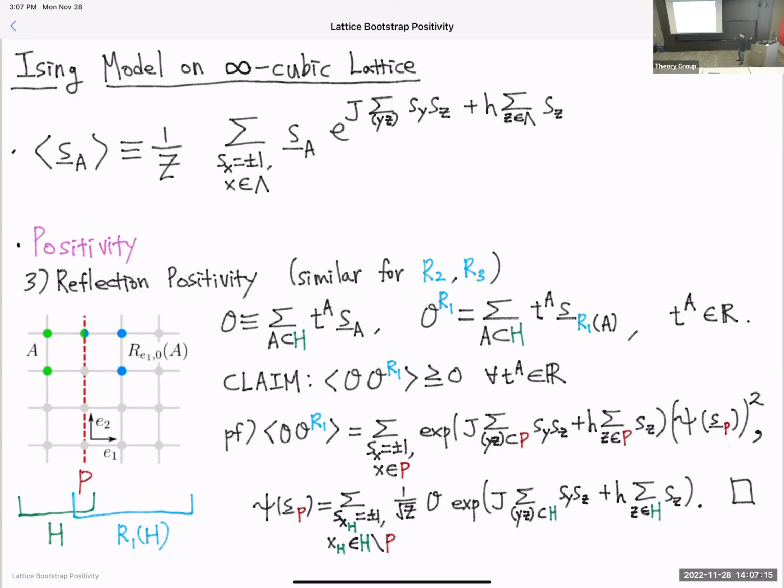We take the same coefficients, but for the spin variables, we take the reflected ones. And now the claim is that if you take the product of these 2 things and take the expectation value, it is positive for any real coefficients. Is the statement clear?